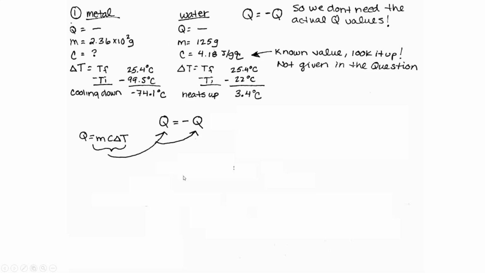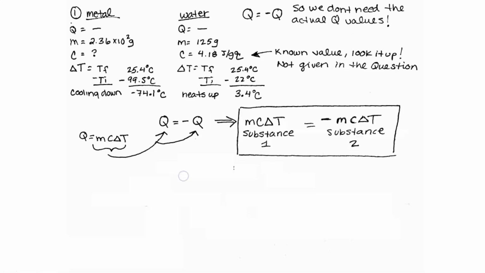I'm not going to say Q equals negative Q anymore. I'm going to say mcΔT equals negative mcΔT. And now if you look, we have lots of numbers we can plug into this version of the equation, okay? Once again, it does not matter which thing is substance 1 and which is substance 2. That little minus sign will make everything work out just fine, okay?